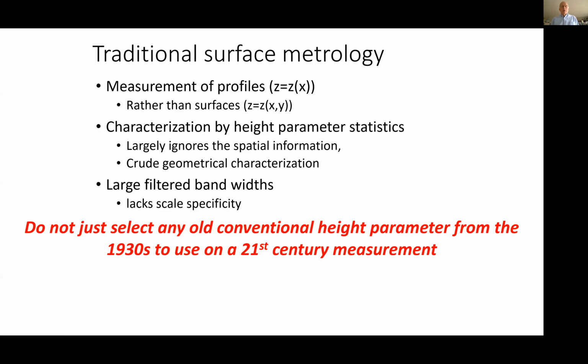So here's an important piece of advice if you want to make your research stand out with surface metrology. Do not just select any old height parameter from the 1930s to use with a 21st century measurement.